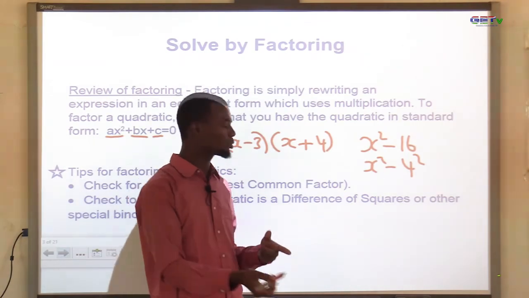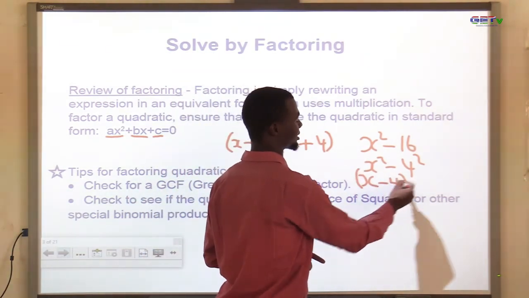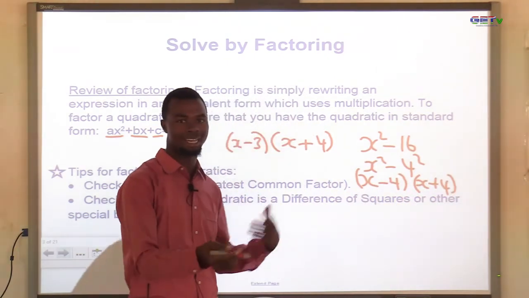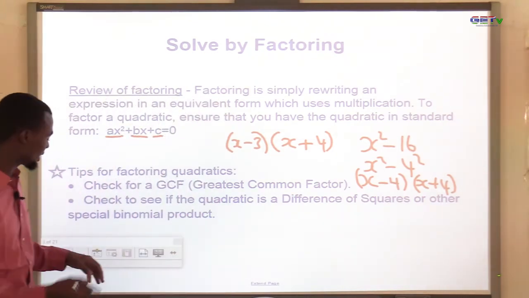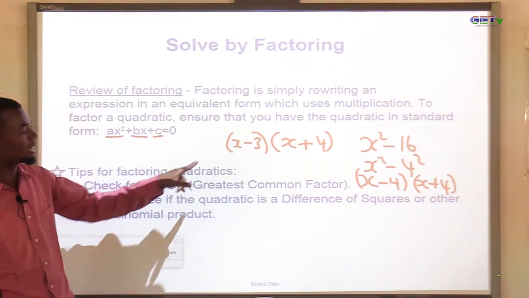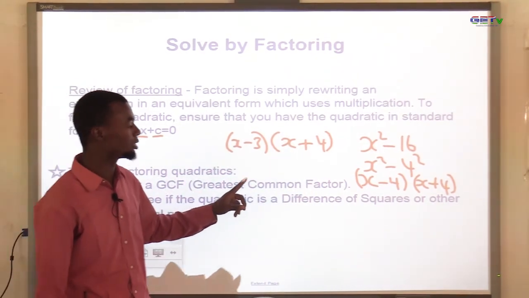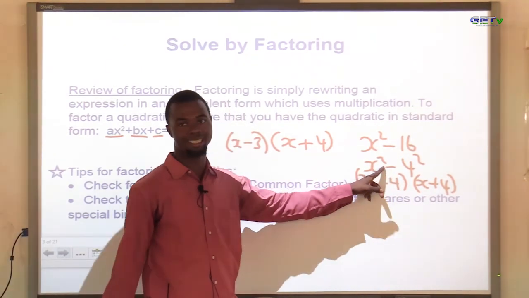So for a difference of two squares, you will have x minus 4 times x plus 4. It's a product, you can derive it in either way. So that is why we say a special binomial is something of this nature. To check whether it's a difference of squares, you check whether it is something in this nature.